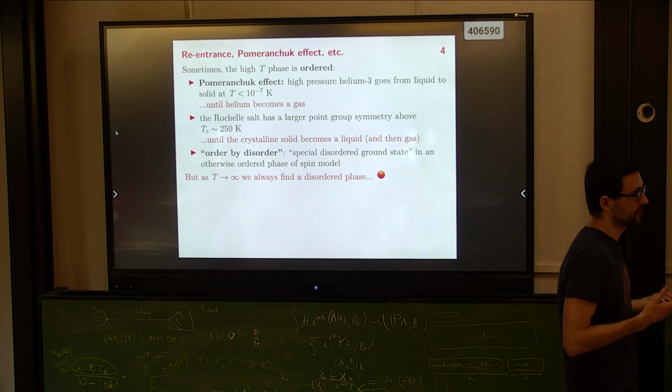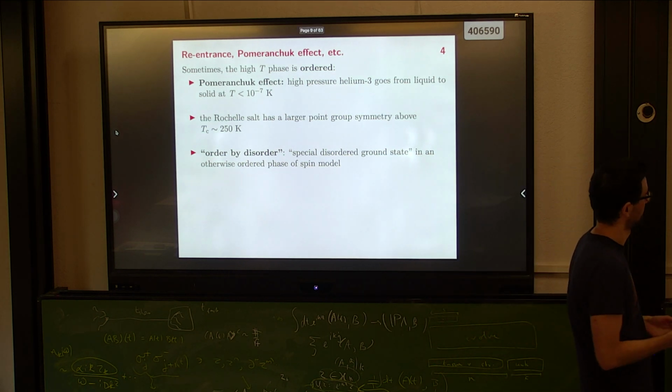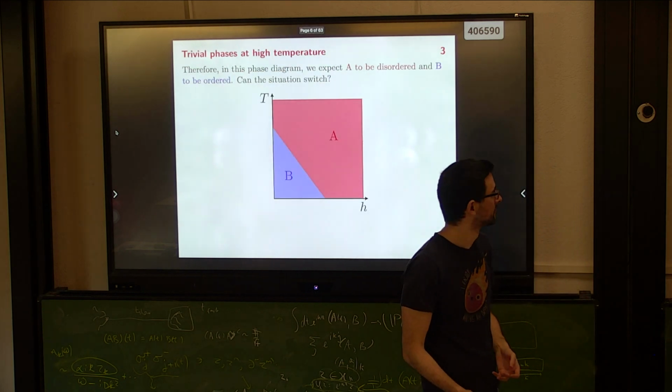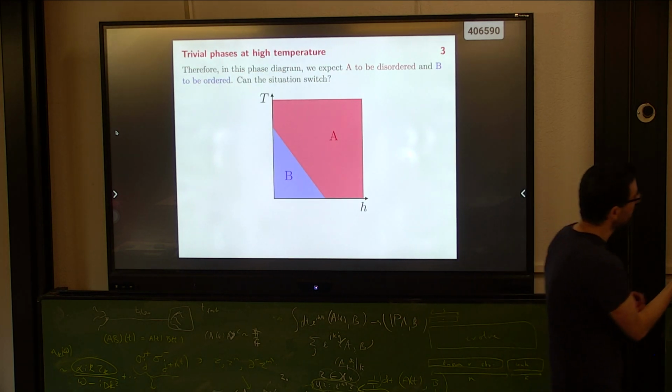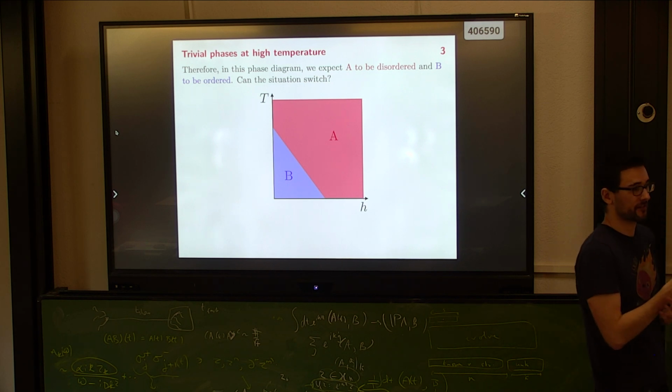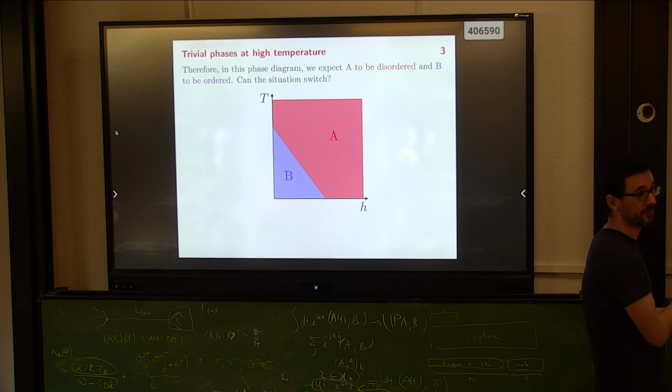Okay. So far the story is that, if we go back to our picture, we may zoom in on some special region in the phase diagram and see that A is ordered and B is disordered.